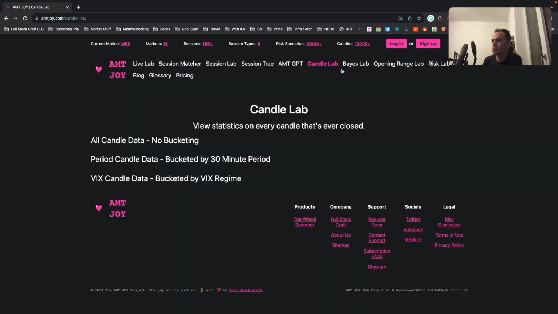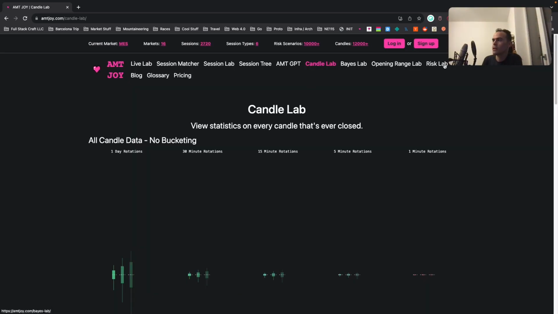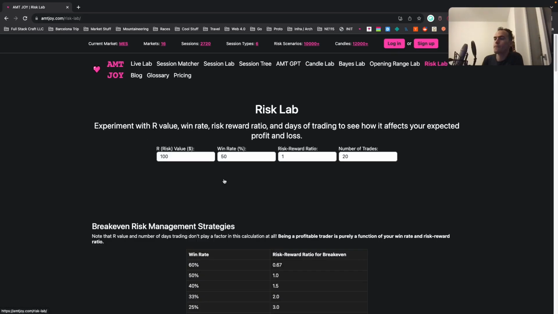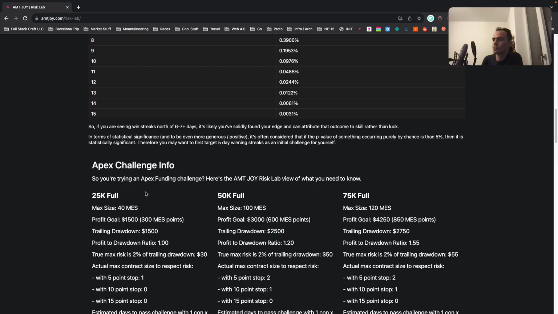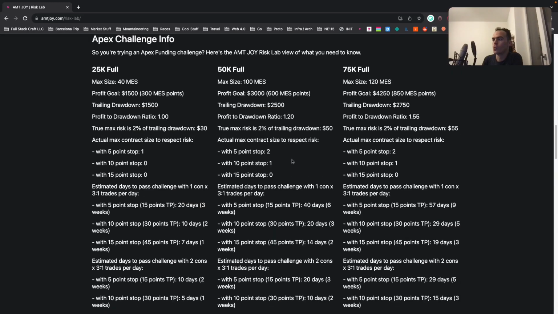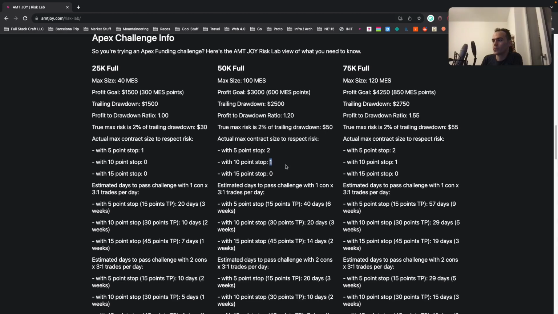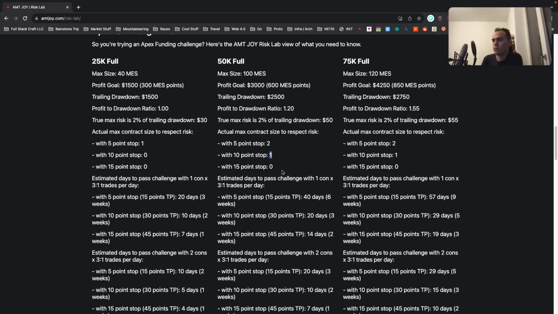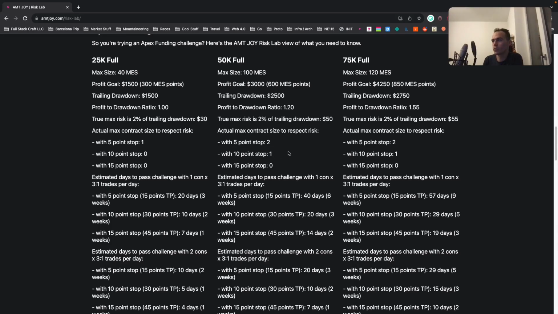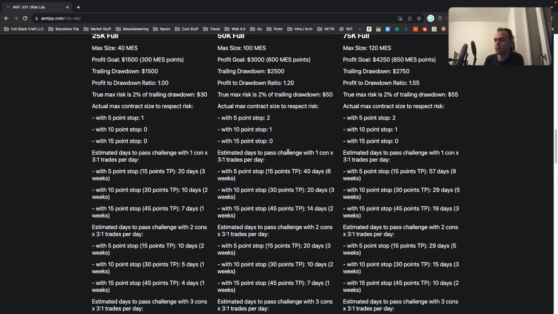That's the candle lab, okay. If I go to the risk lab here, then we get some numbers, right? If you're using a 10-point stop, you can trade one. A 5-point stop, it's okay. Somewhere in between, you shouldn't trade more than 1 or 2 MES contracts, right?